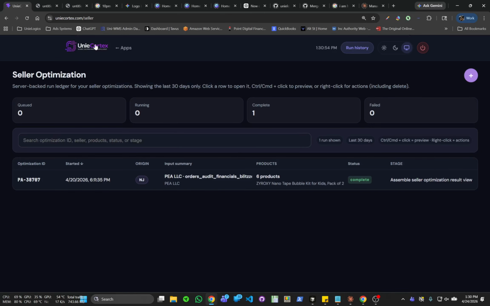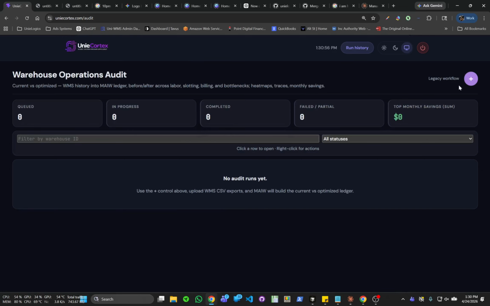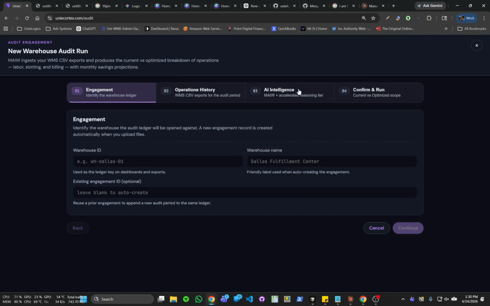The next video that I'll send is going to speak about the warehouse optimization and this workflow, which is much more powerful. This is going to audit warehouses, right? Their activity, and find discrepancies, and highlight them. And doing so, again, it allows us to sell our technology to them.